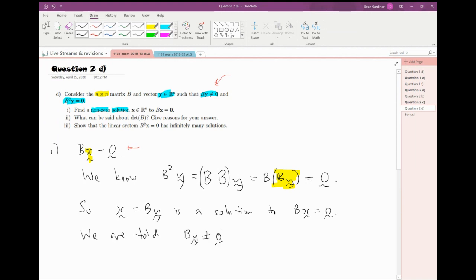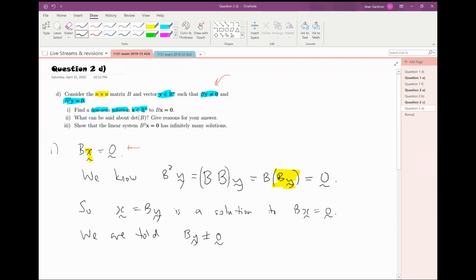And the other thing I should make sure is true is that this solution for my x is an n-length row or column vector rather. So I should know that it's an element of Rn, right? And is it? Well, y is an element of Rn. B is an n by n matrix.